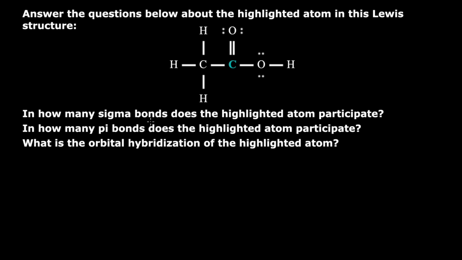Now, to figure out the number of sigma bonds it has, you need to know that the number of sigma bonds is equal to the number of hybrids, and that is also the same as the number of domains around this carbon.